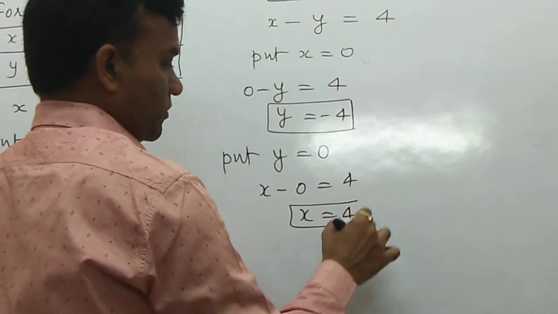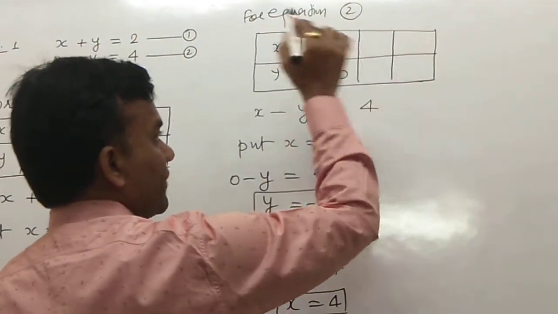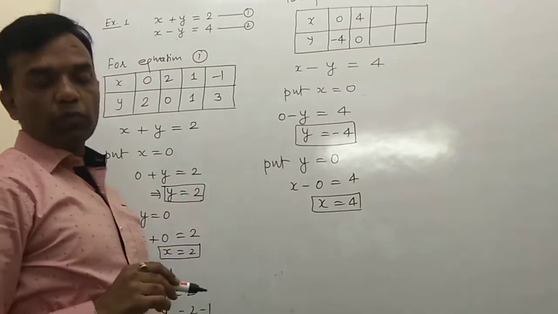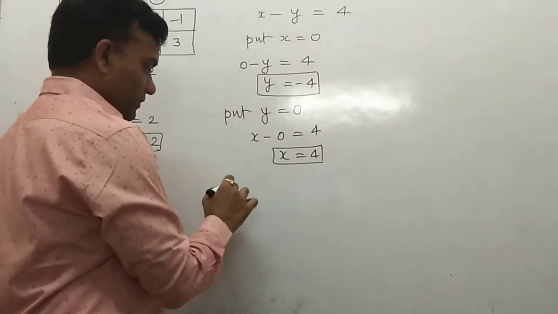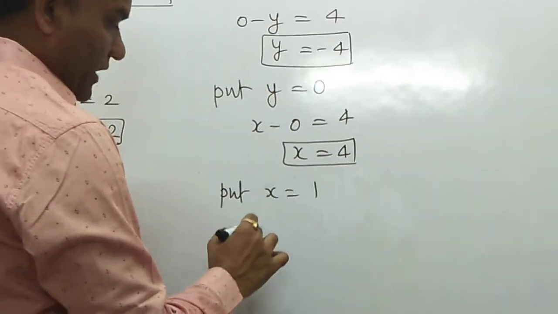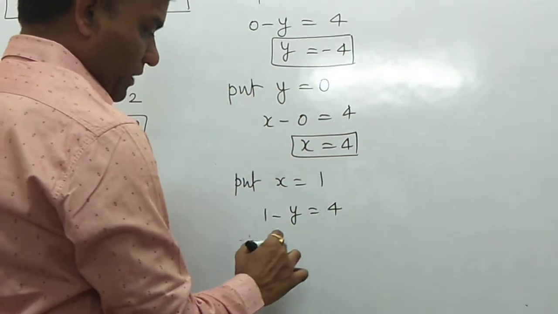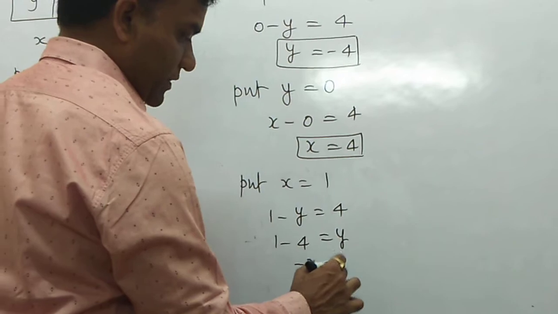So both points are different now. Both points are lying on the axis. Then put x equal to 1, and then you have 1 minus y equal to 4, and then 1 minus 4 equal to y, so minus 3 equal to y.